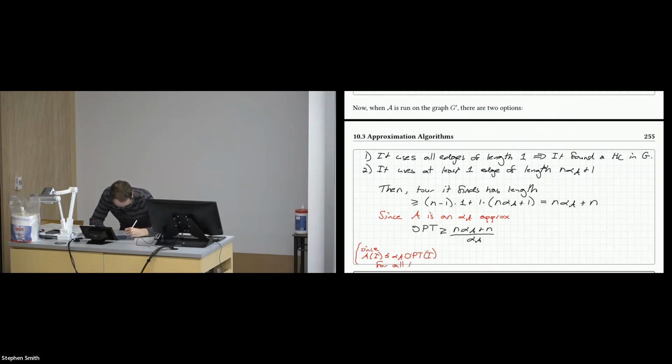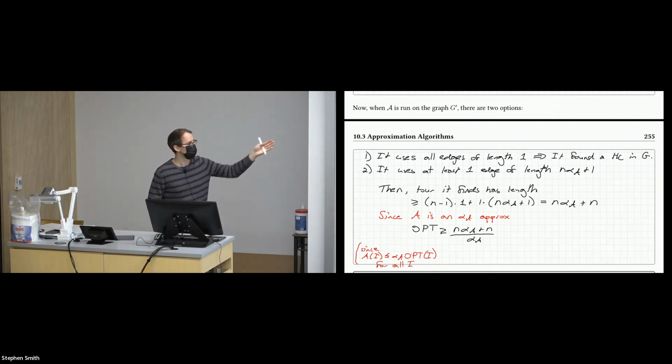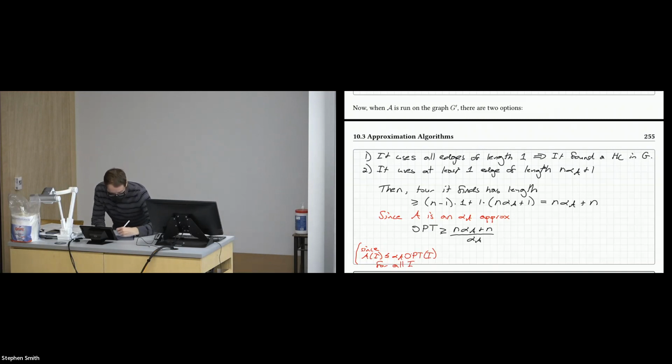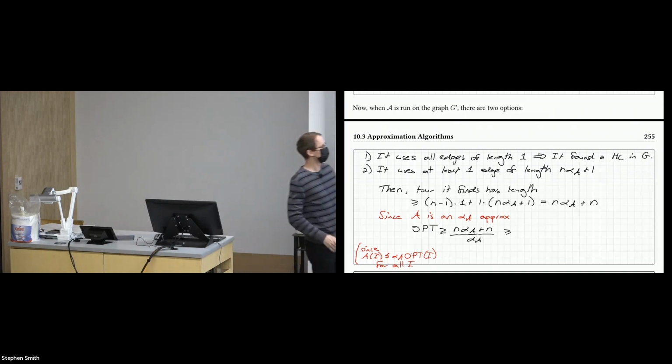If you go back to that slide, I just rearranged it. Opt of I is greater than or equal to A of I, which was the cost we got, over the approximation factor. And if we look at this term, we get n plus n over alpha A. So it's some number that's strictly bigger than n.